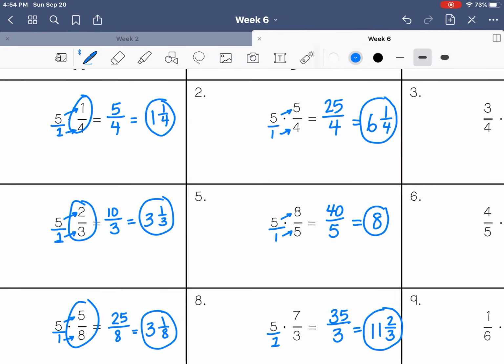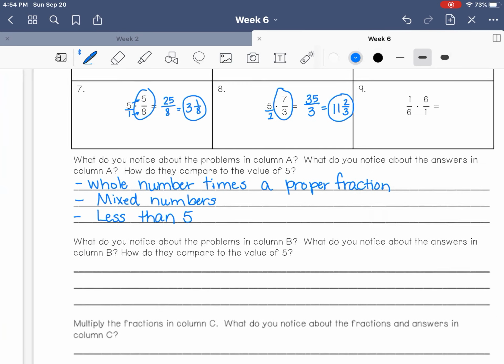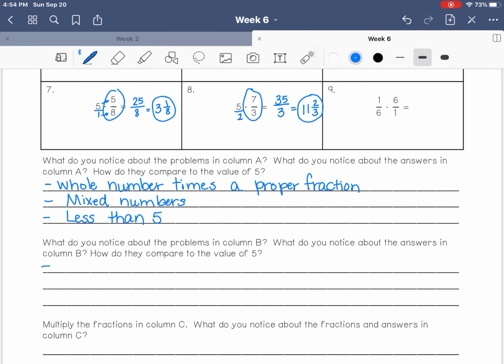Okay, let's look at column B. Oh, look at this. These are all improper fractions. So every single time we multiplied a whole number times an improper fraction.